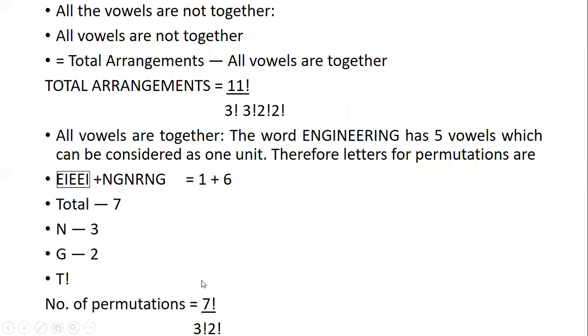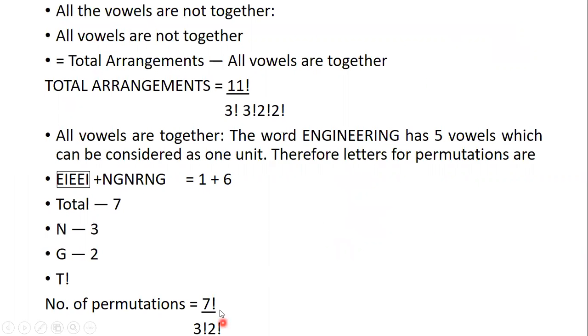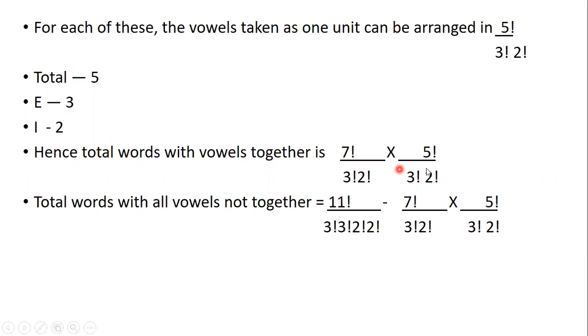Here all the vowels together is given, and for the vowels we calculated these two. So the total words with vowels together is 7 factorial by 3 factorial 2 factorial. From where did I get this? From the last thing here. So this is overall. Apart from that, you have to multiply it with the arrangement that we got just now.